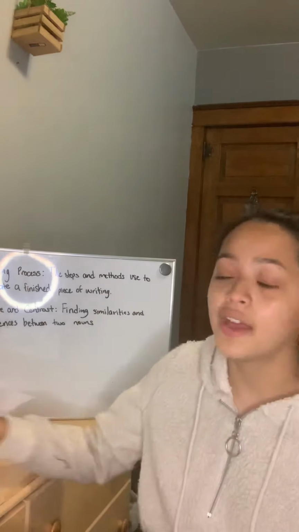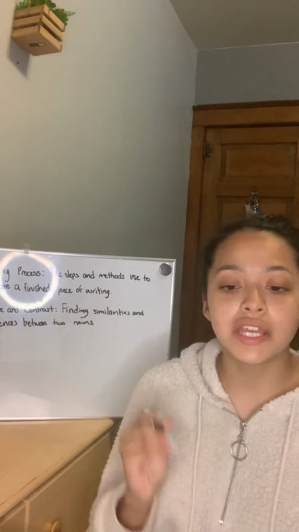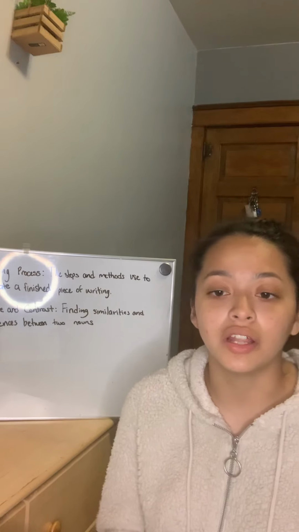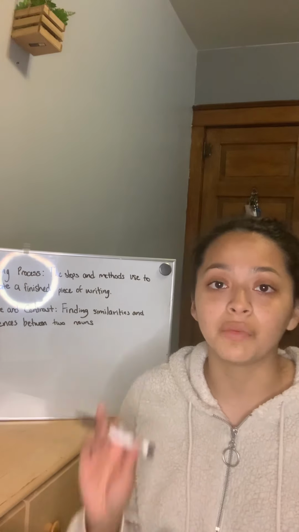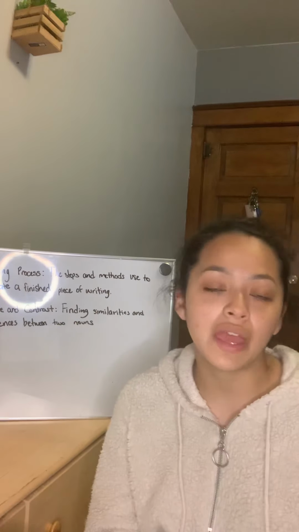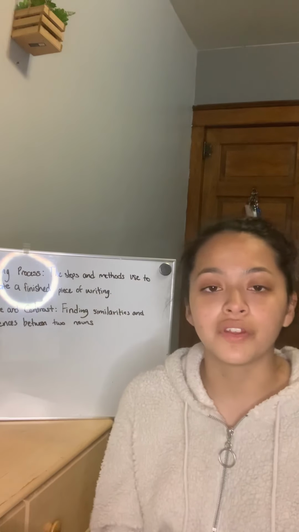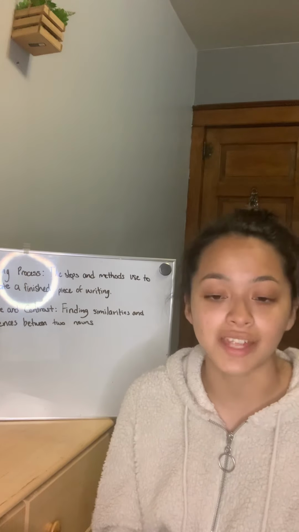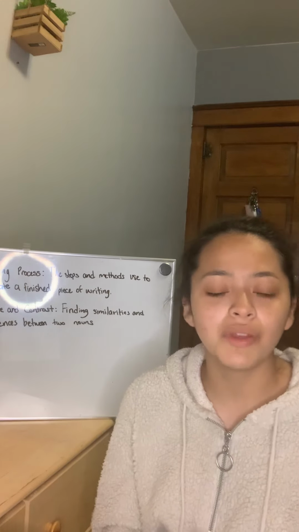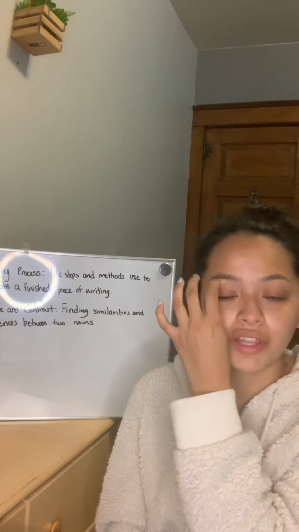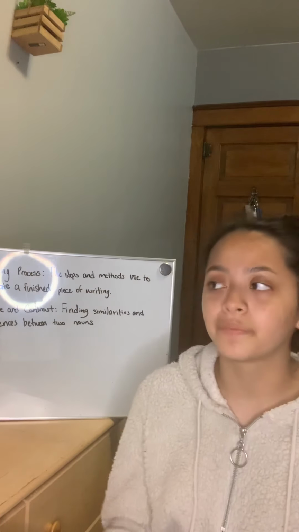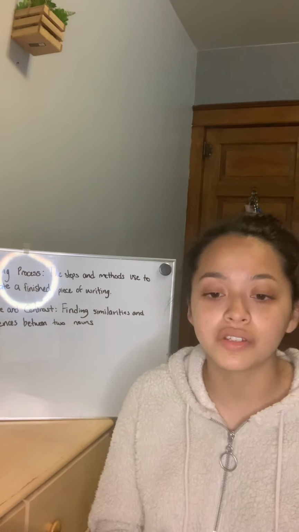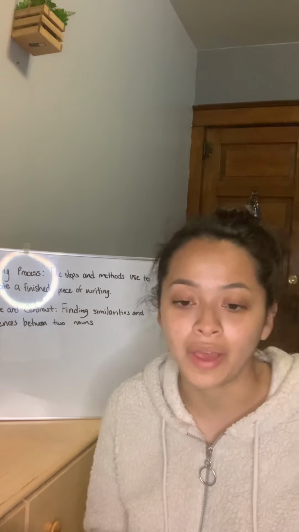Can we all take out our academic language journals where we write every lesson we have? We always write the definitions of some academic language that we've learned in that certain lesson. And today we have a few. So I really want you all to write these two down first, and then throughout the lesson we'll have more to add.